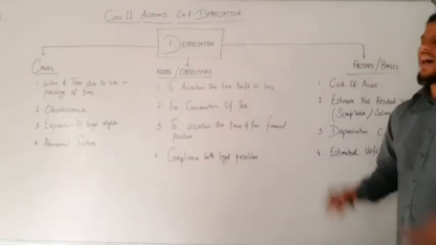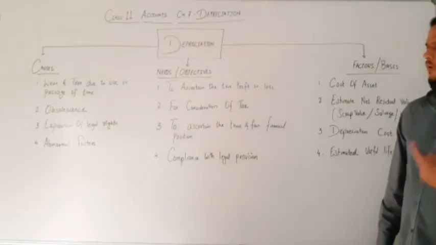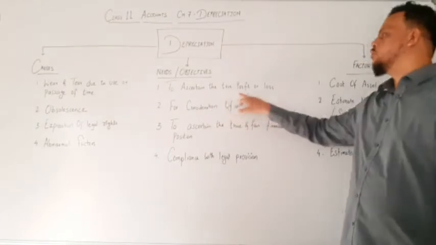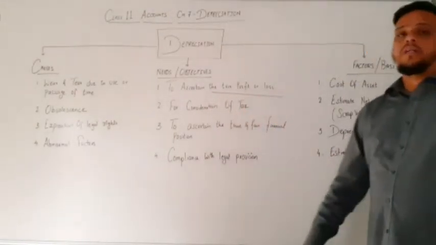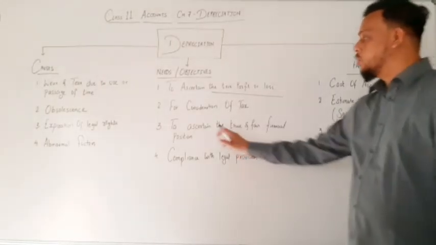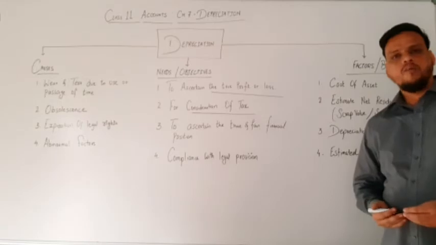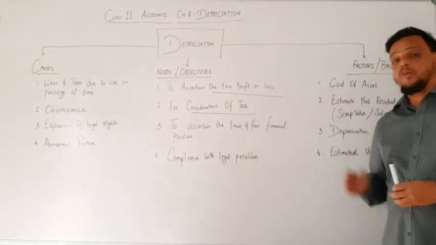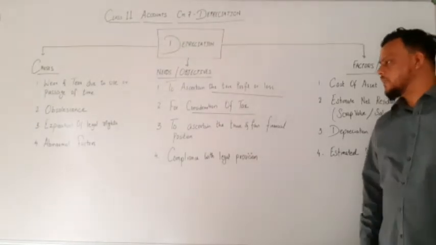Next point is needs or objectives. Why is depreciation needed? What are the main objectives of depreciation? The first thing is to ascertain the true profit and loss, to find out the exact profit and loss. Second point is consideration of taxes. If your profit and loss statement is perfect, then you can calculate your tax easily.